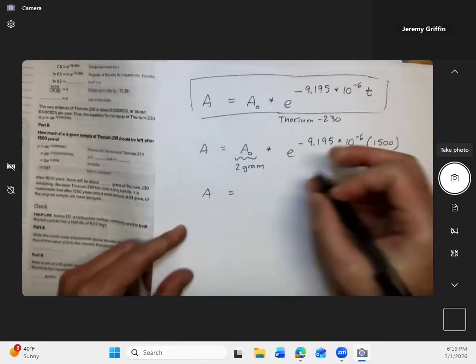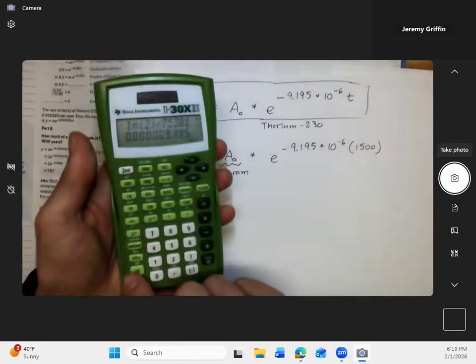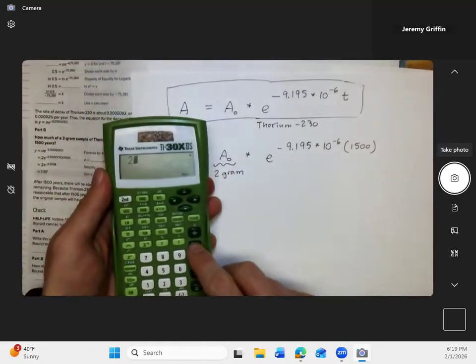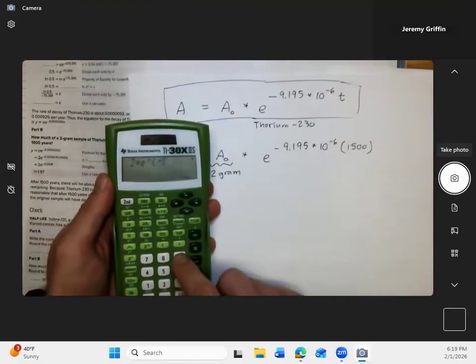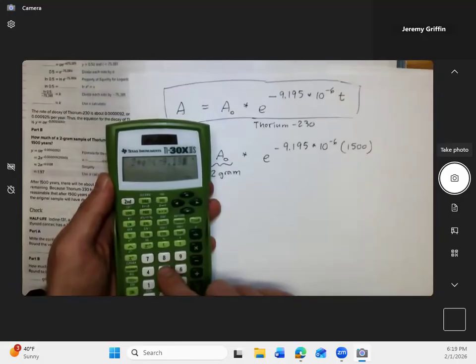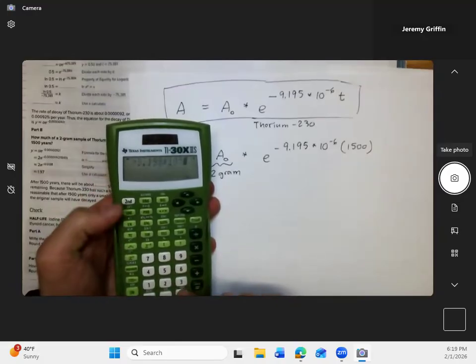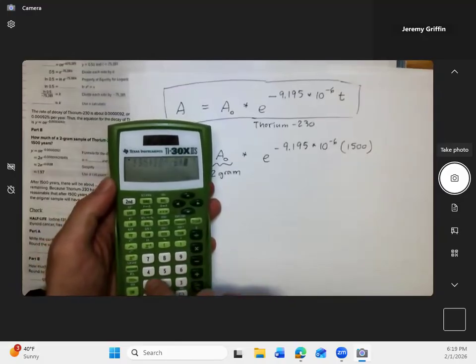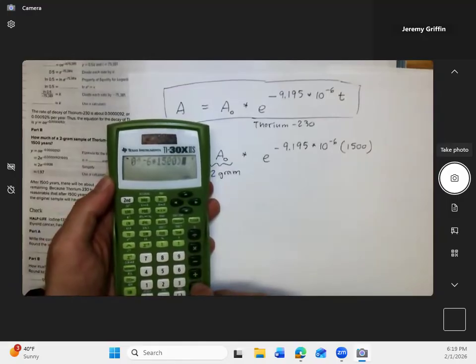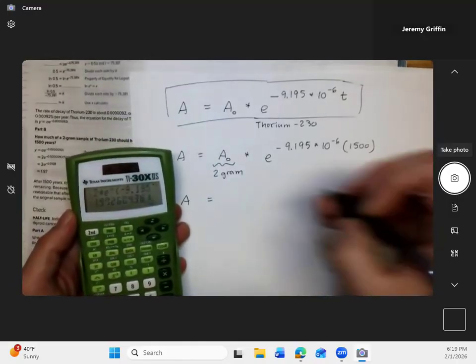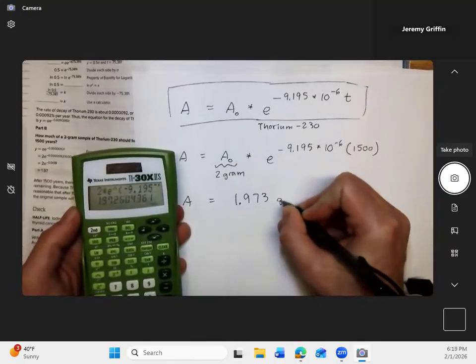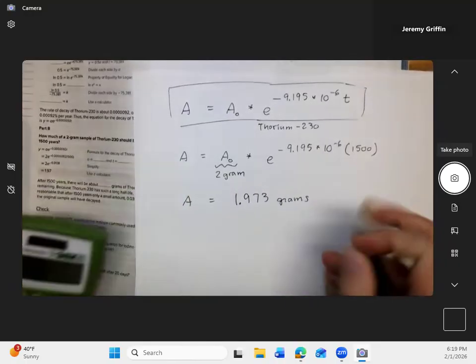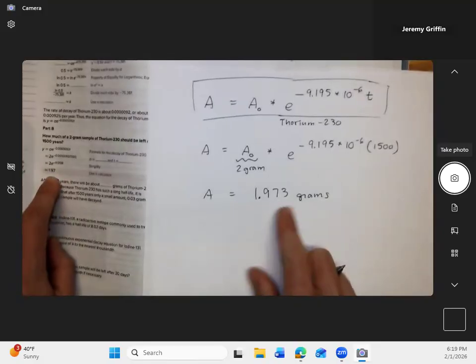So let's take 2 grams times e to the power of negative 9.195 times 10 to the negative 6, and then 1500 years go by. I'm looking at, no, that's about right. 1.973 grams. Yeah, 1.97 grams.